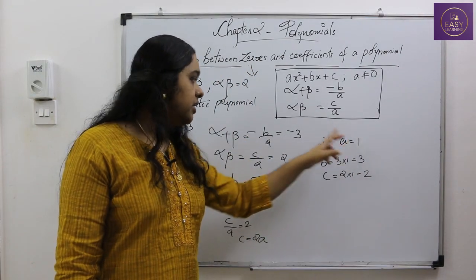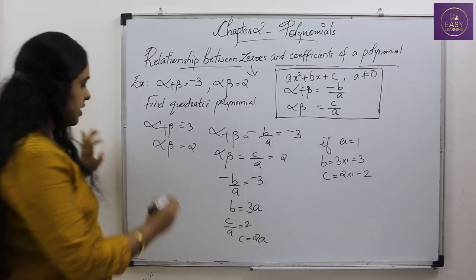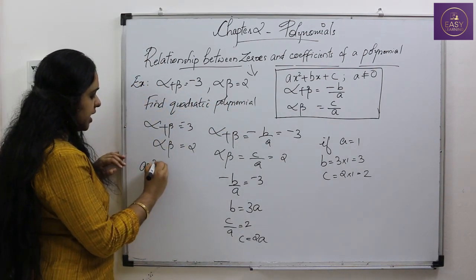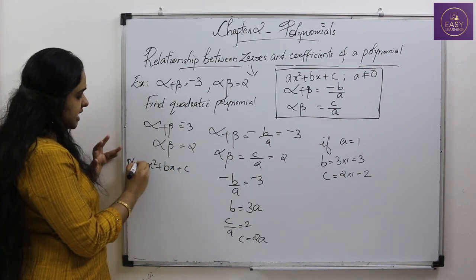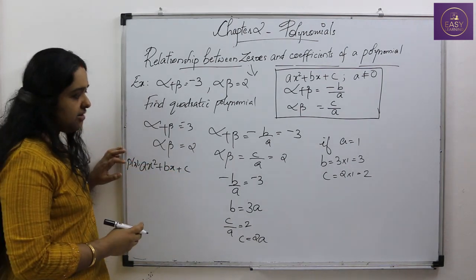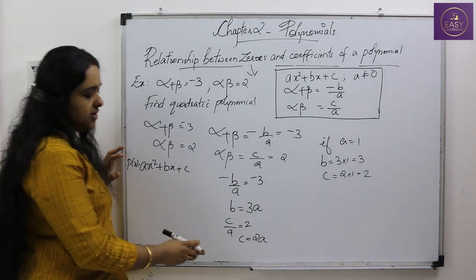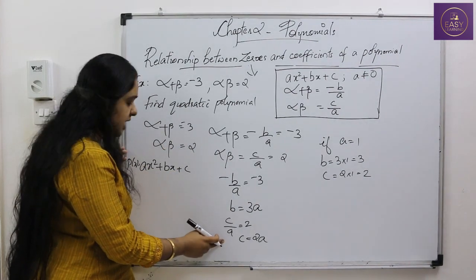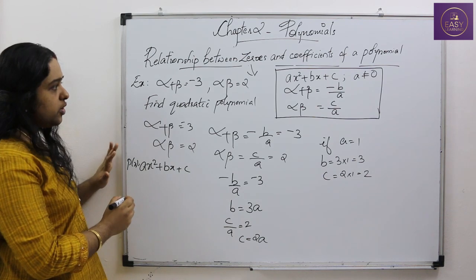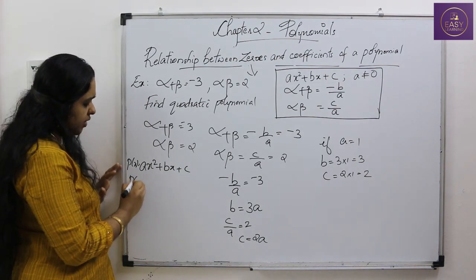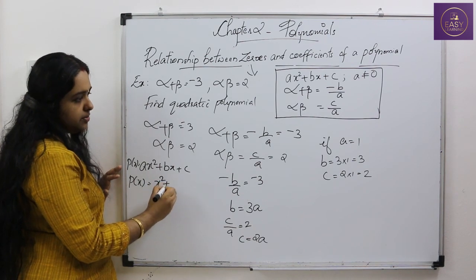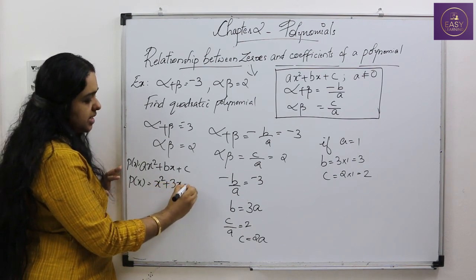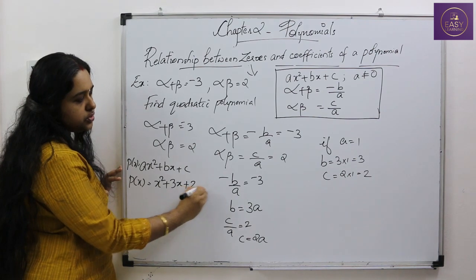In general we write P of x as ax square plus bx plus c. If the value of a is 1, then we can easily find b and c. Then our polynomial becomes P of x equals x square plus 3x plus 2.